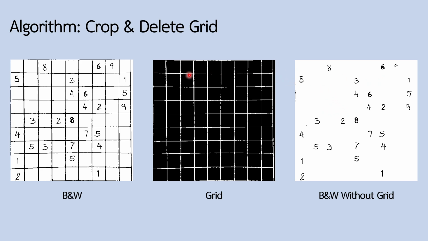So I delete them. Here white is 1 and black is 0. I use the logical OR here, and this is 0. So 1 or 0 is 1, so you get white, and then you get the image without the grid.